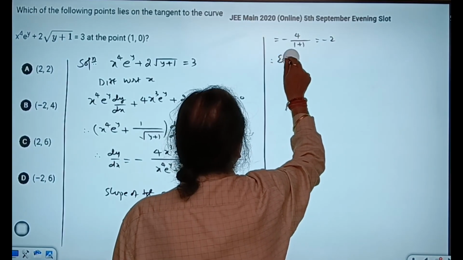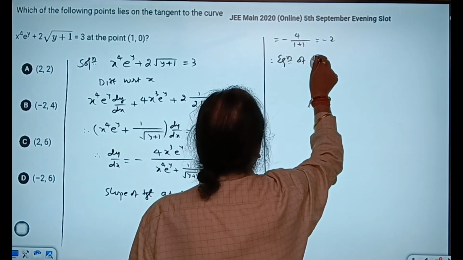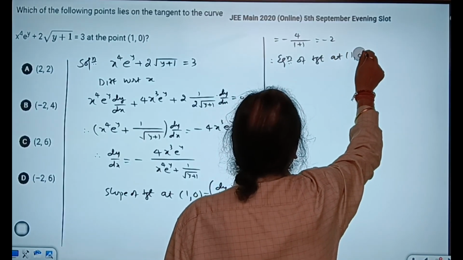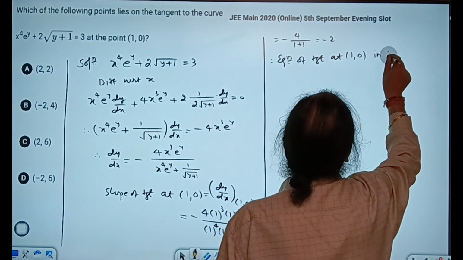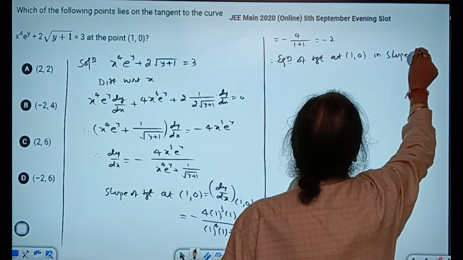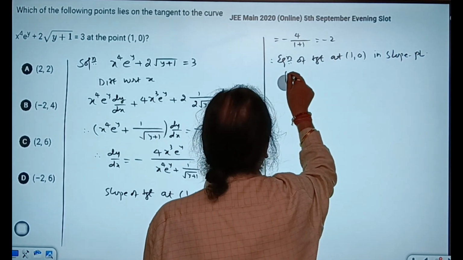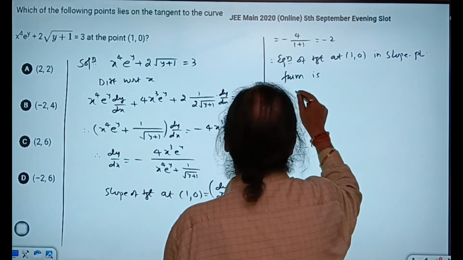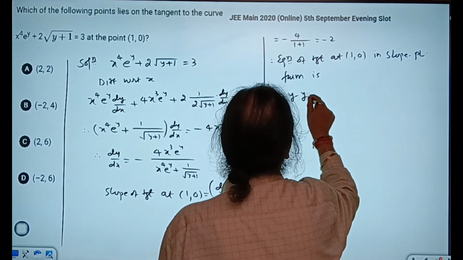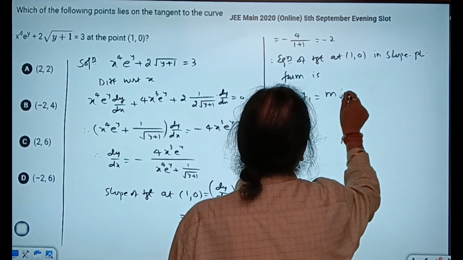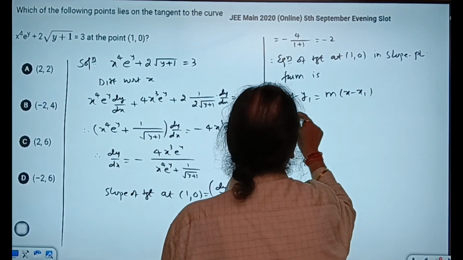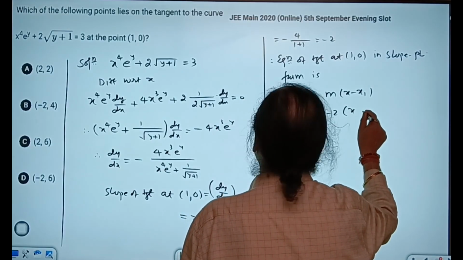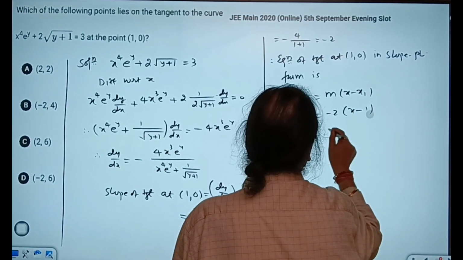Therefore, the equation of the tangent at (1, 0) in slope point form is y minus y1 equals m into x minus x1. So y minus 0 is equal to minus 2 into x minus 1.